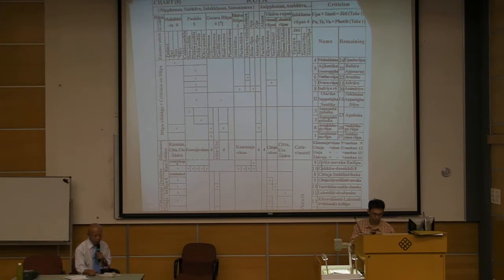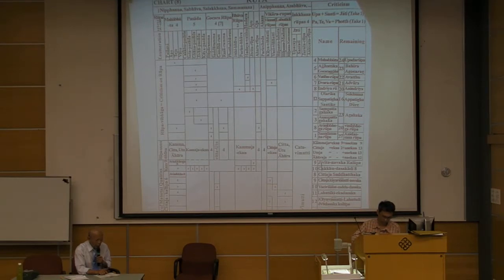So in short, we call it eye decad, ear decad. Decad comes from decade, which means 10. Now number 3, we put in Ghanapasada, so we call it Ghana Dasaka, nose decad. Number 4, we put in Jivhapasada, so we call it Jivha Dasaka, tongue decad. In number 5, we put in Kayapasada, so we call it Kaya Dasaka, the body decad. In number 6, we put in Itthibhava rupa, the female sex materiality, so we call it Itthibhava Dasaka, female decad.